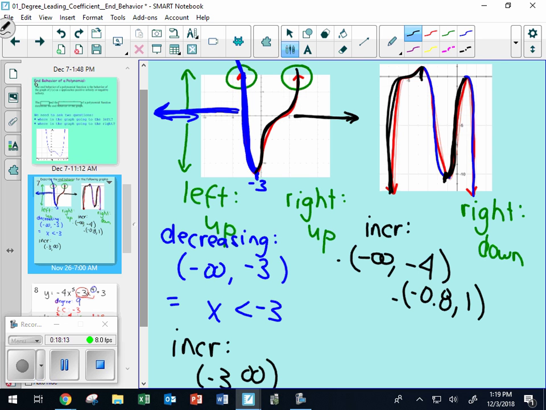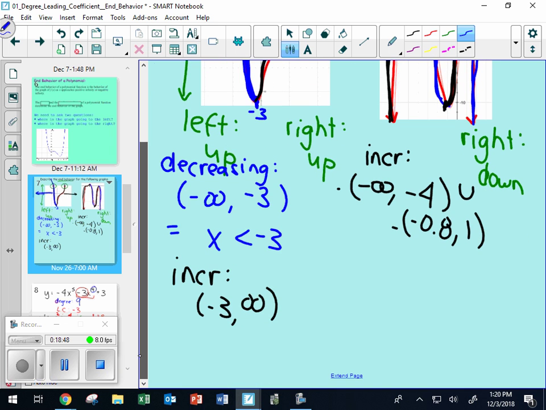And the way that we write "and" in math is with a U. Okay. If you think you got it now? Okay. Cool.